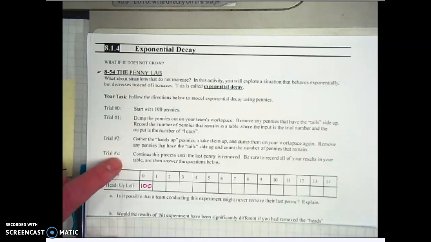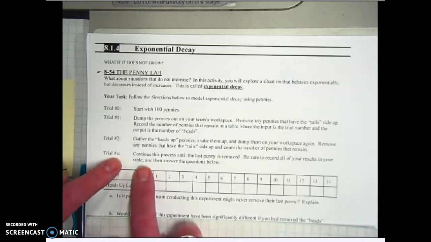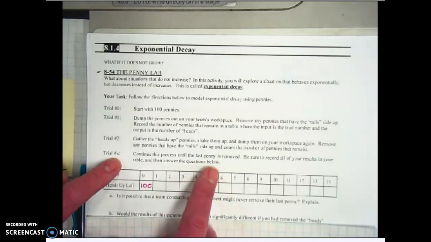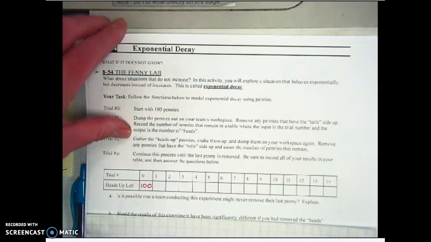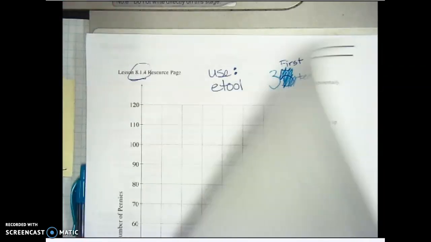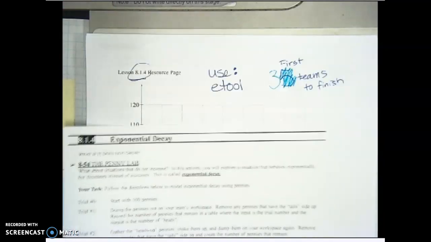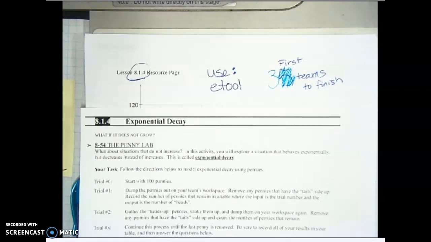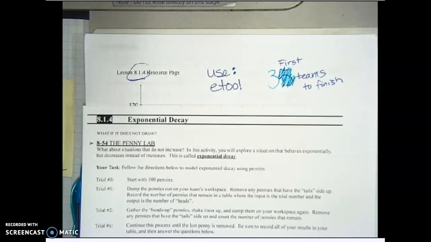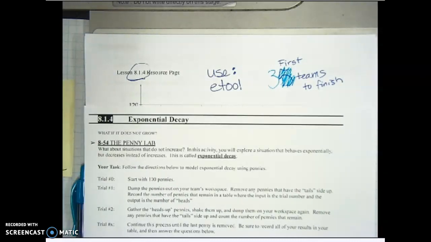And be sure to record your results in the table and then answer the questions below. The first 3 teams that finish are going to bring your chart to me, and I'm going to record it and project it on the doc cam, and we'll see what's happening.